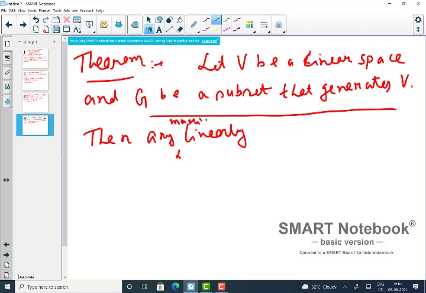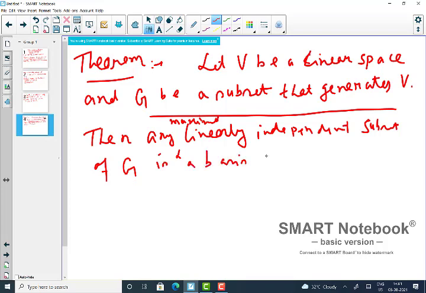So let me write down here: a maximal linearly independent subset of G is a basis. This is for G, right?